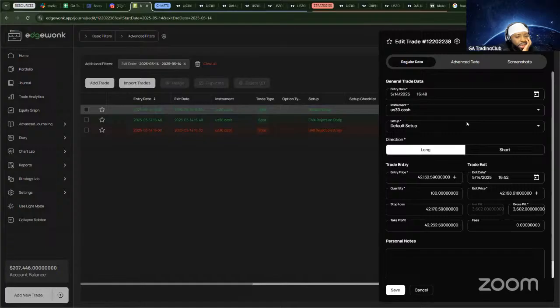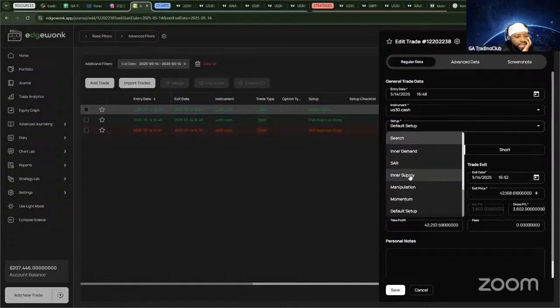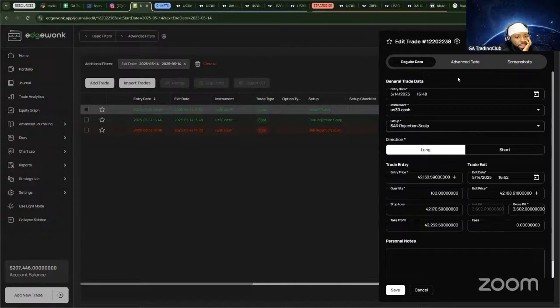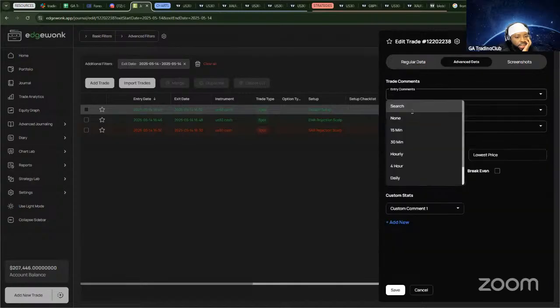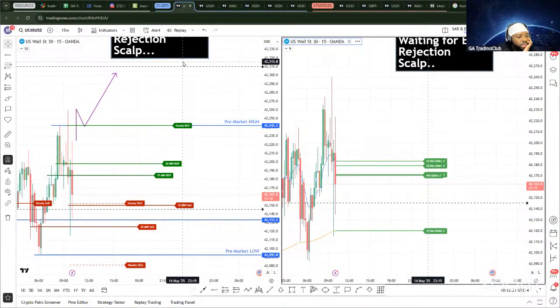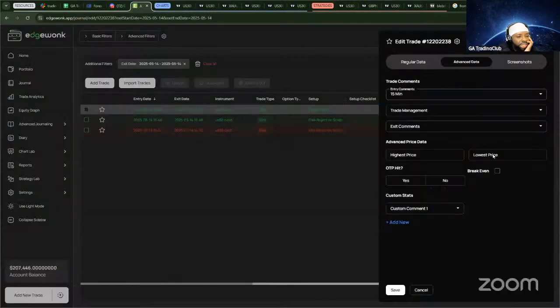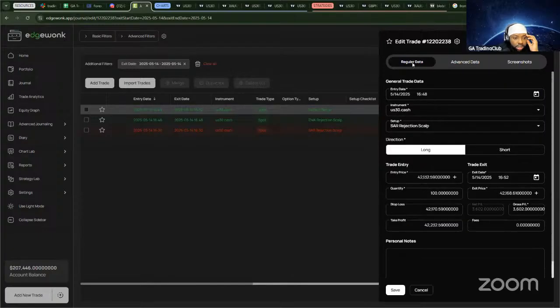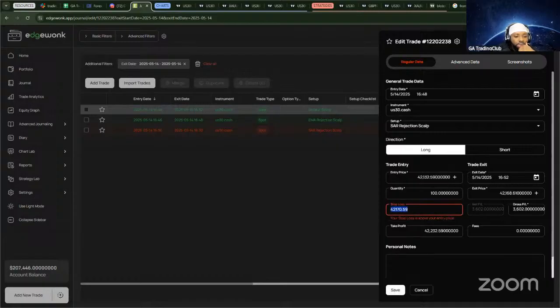We were trading a 15-minute SAR rejection, I think. Yes, 15 minutes. In 2 minutes, we'll check out that EMA entry that's lining up. 15-minute SAR rejection scalp, 42,112.59.